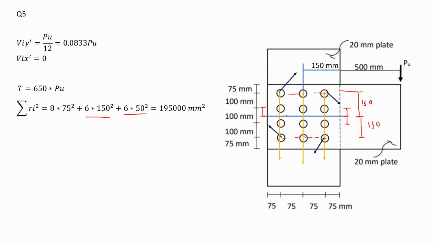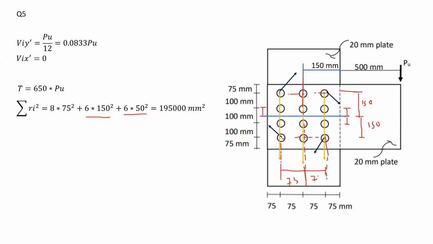Now I have to consider the y-axis, since I considered the x-axis. Your y-axis is located right here in the middle. The distance between the y-axis and the bolts located at the center is 0, so I'm excluding them already. If I include the distance between this bolt and the center, and also these ones, from here to there it would be 75.